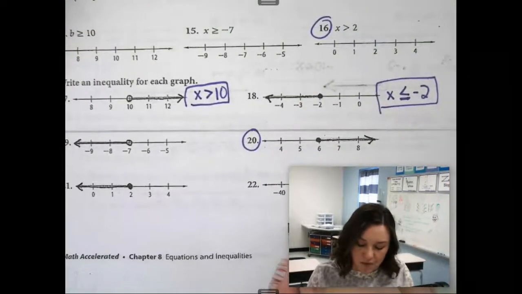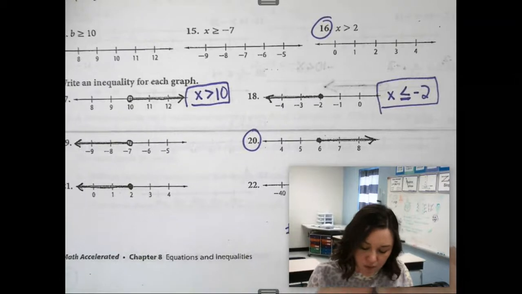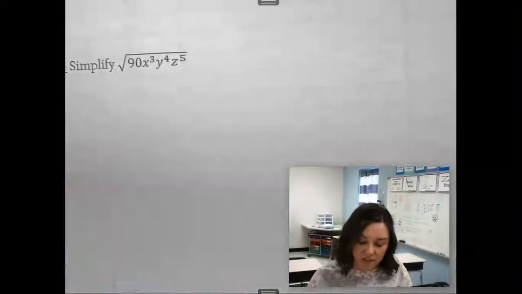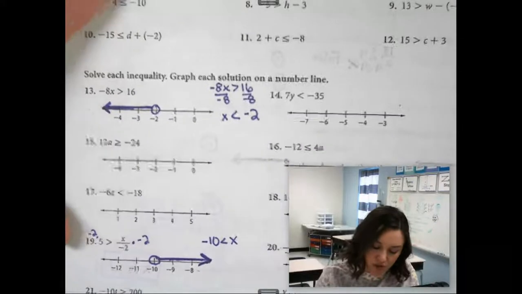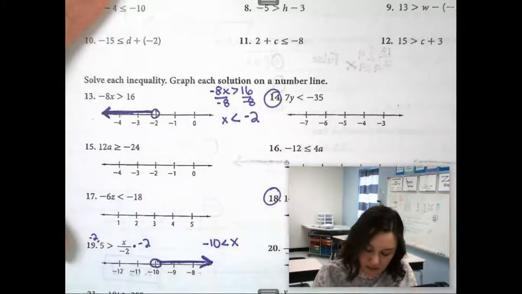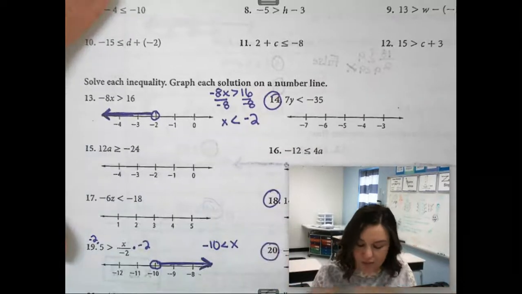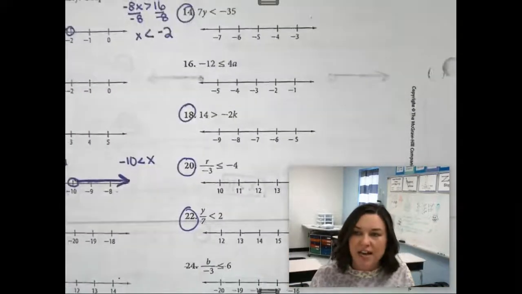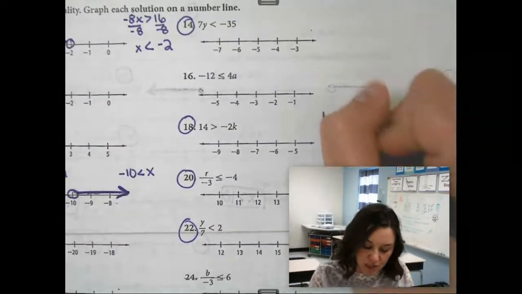So number 6, 8, 13, 16, and 20 on page 6. Pause if you need to write that down. And on page 7, you are going to try numbers 14, 18, 20, and 22.